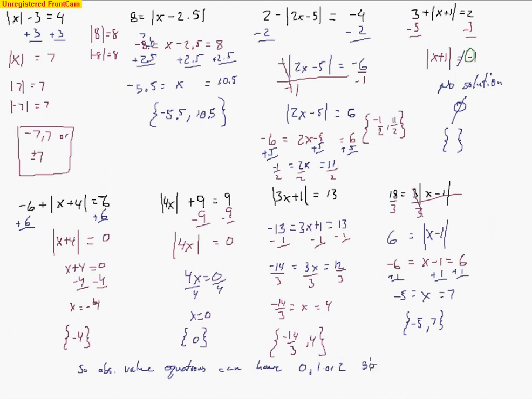So that's something to remember. So either 0, 1, or 2 solutions. Either no solution, 1 solution, or 2 solutions, as we saw here. See, here we had 1 solution with negative 4, 2 solutions with these, and no solutions over here. So those are the types of problems we'll see on tonight's homework.